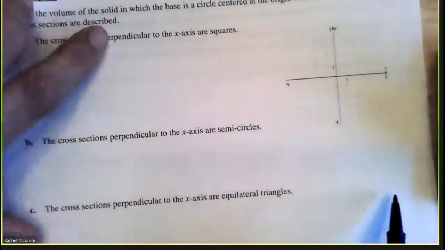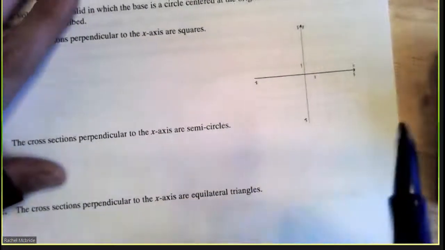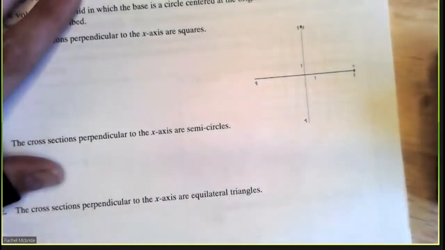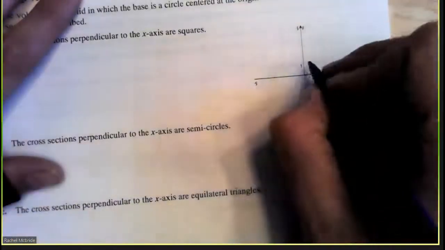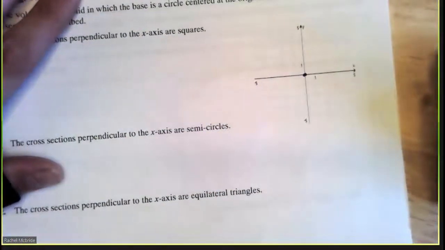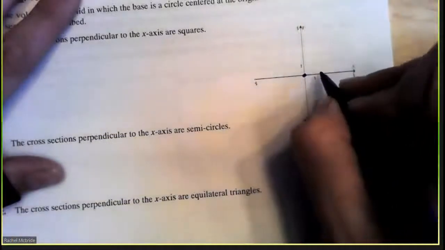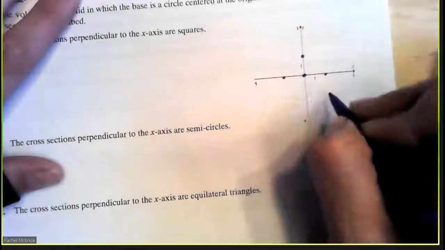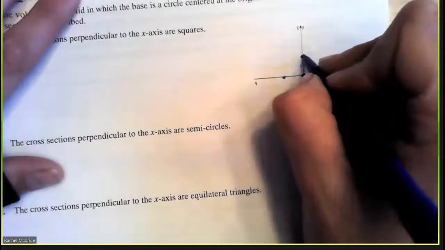So it says find the volume of a solid in which the base is a circle. The last base was a triangle. This one has the origin as its center, so it's centered here, and its radius is 2. So that means it goes out 2, up 2, out 2, down 2.